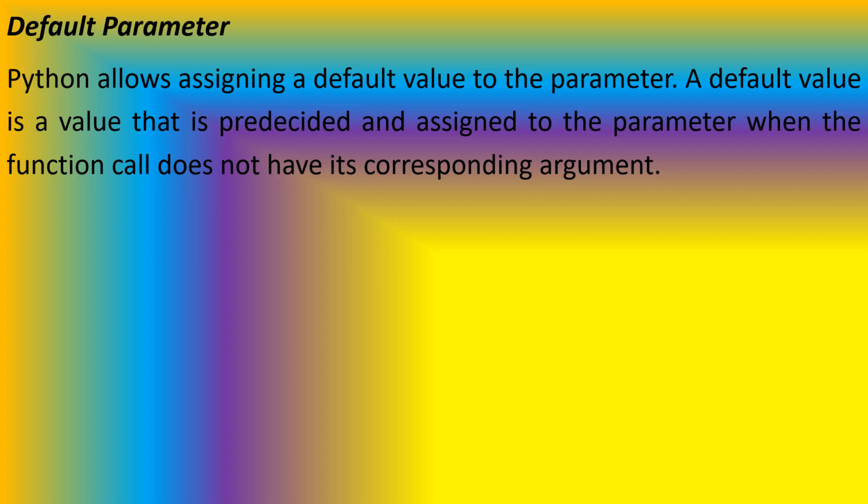That means if an argument has not been passed, then for that particular parameter a pre-decided value will be assigned, and that pre-decided value is called a default parameter, which is assigned to the parameter.